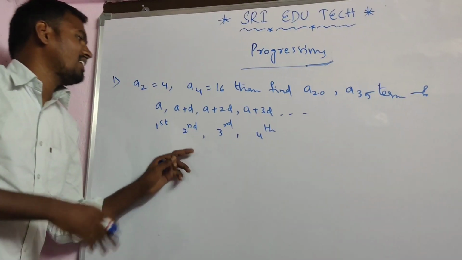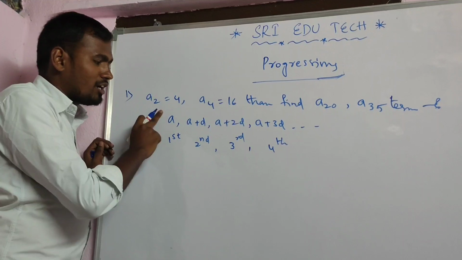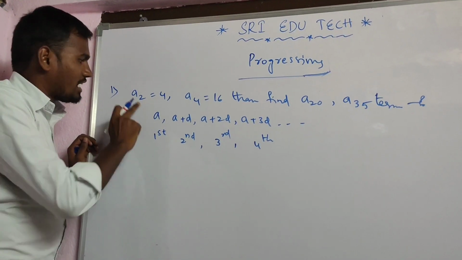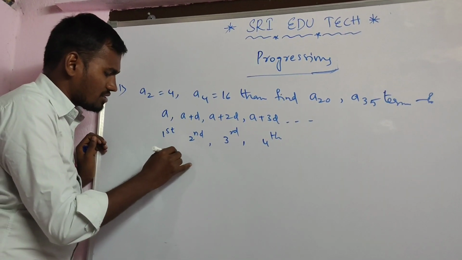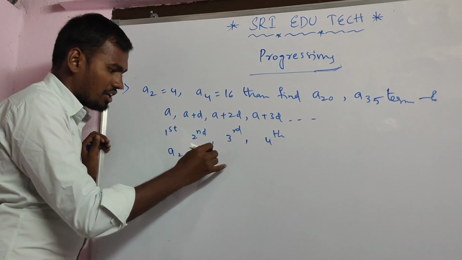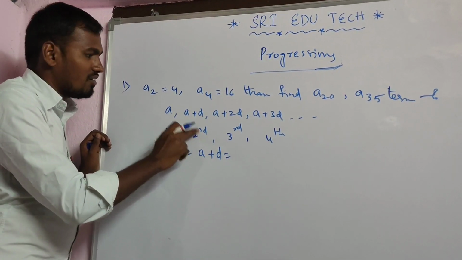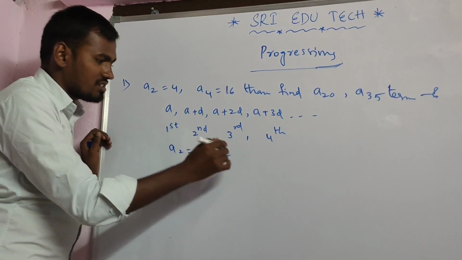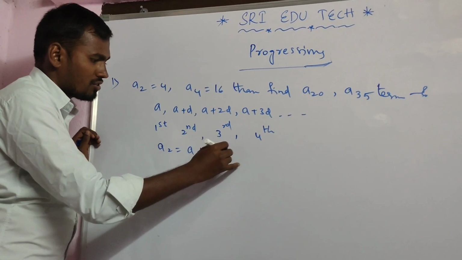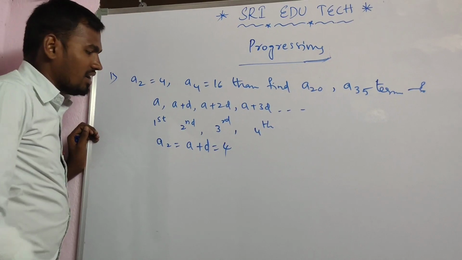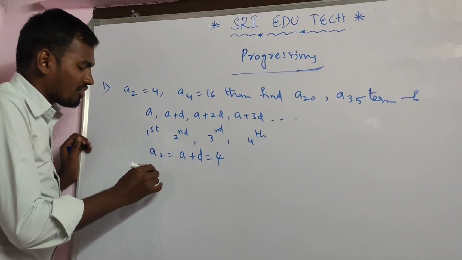And let us see here A2 given. A2 means second term, no. Then A2 means what only? A2 is equal to A plus D. Now second term, what is that? A plus D is equal to how much given? 4. Okay? Right. Next A4.